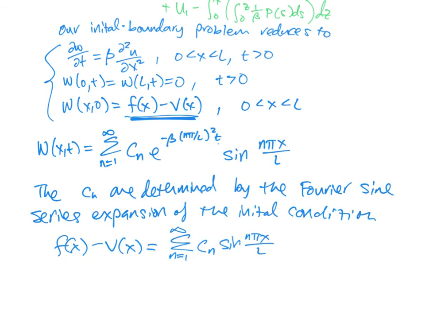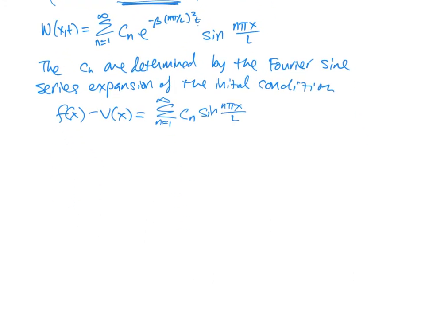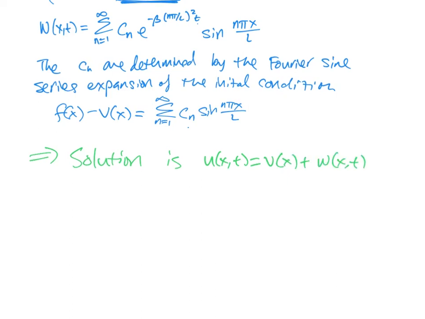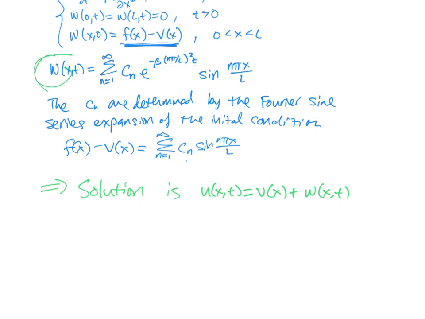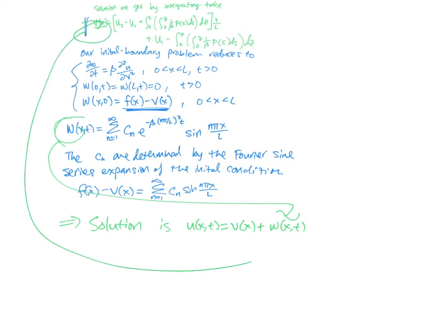So presumably, if you're given f and you're given everything else, you can figure out v, and then you can figure out f minus v, figure out Cn, and so then our solution is u(x, t) = v(x) + w(x, t), where there's our w and there is our v.